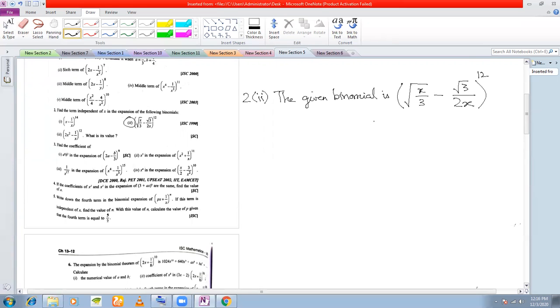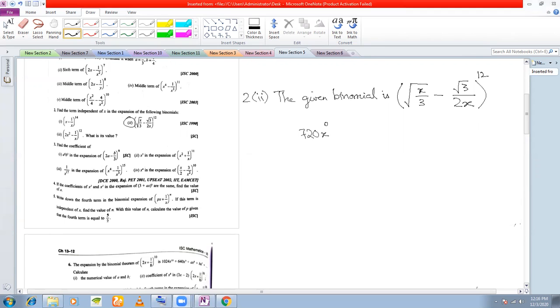Now what do you mean by term independent of x? As I told you, a term that does not contain x is called a term that is independent of x. And when can a term not contain x? Suppose this is the term, let us say 720 x to the power of 0.